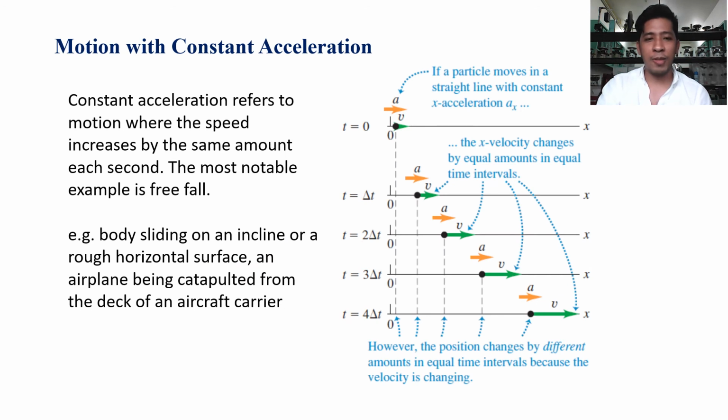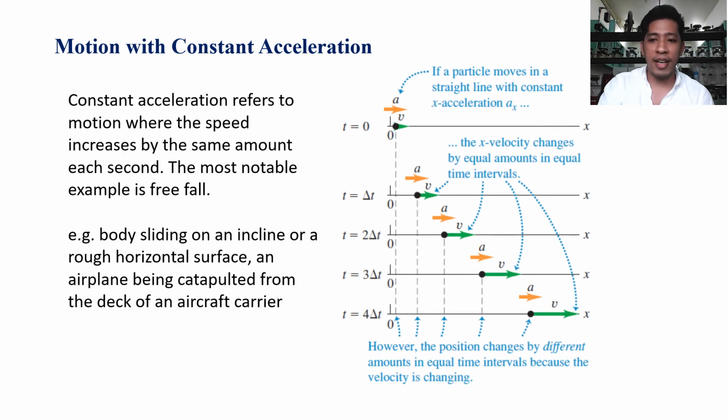Now let us go to the motion with constant acceleration. When we say constant acceleration, it refers to the motion where the speed increases by the same amount each second. The most notable example is free fall. In free fall, the acceleration is the acceleration due to gravity, which is equal to negative 9.8 meters per second squared.